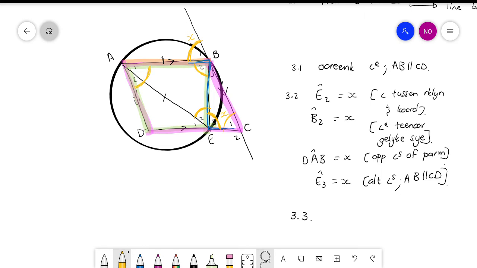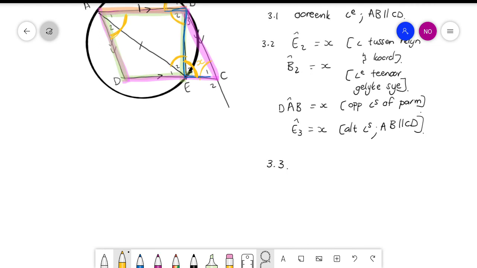Do you agree? Okay, now if we look at that green thing, do you see that this is the exterior angle of a cyclic quad? Or of this quad that we are trying to prove, and that this is the opposite interior angle. Sien julle dit? So ons het reeds bewys dat die hoek E3 gelyk is aan die hoek DAB.